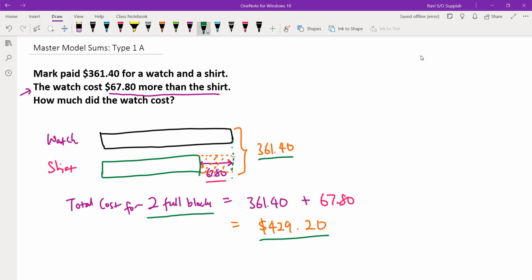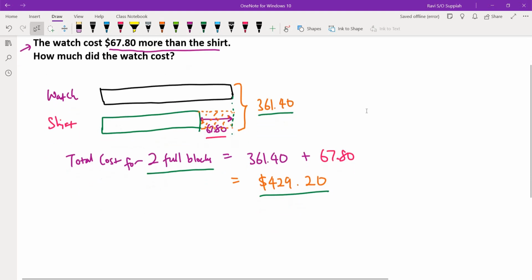Now that I have this amount, we can see that the watch is actually one full block. Correct? So if the watch is one full block and I know the cost of two full blocks, I can easily go ahead to find the cost of the watch.